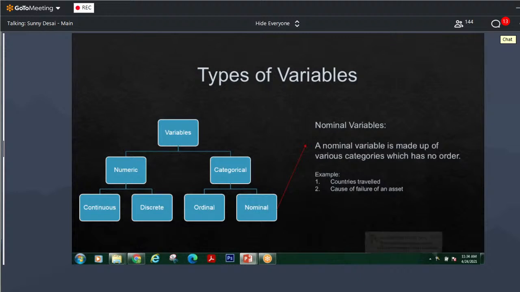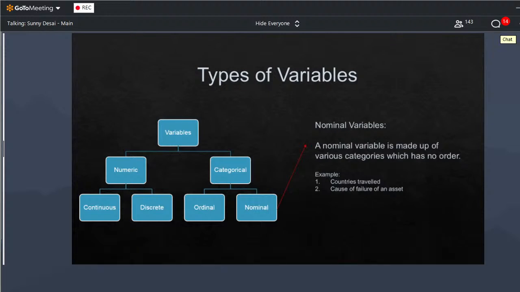So the question is whether the economy of your vehicle is continuous or discrete. Very good, we started receiving answers. It is continuous. Every one of you is right and deserves a round of applause.